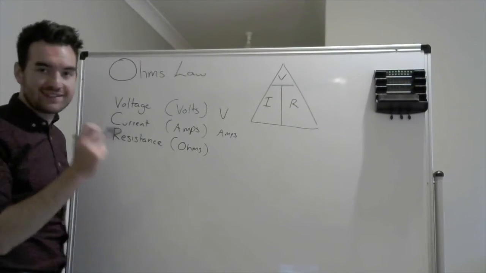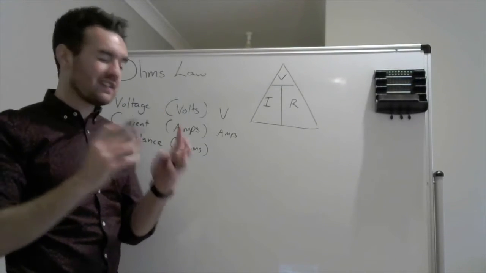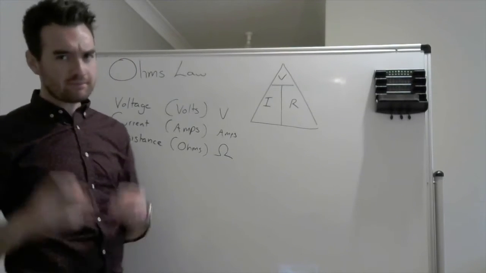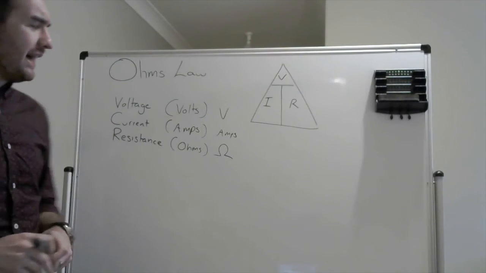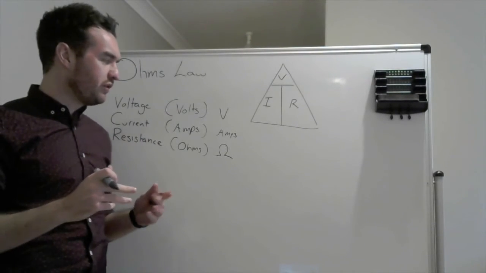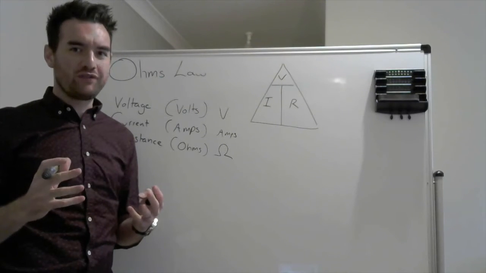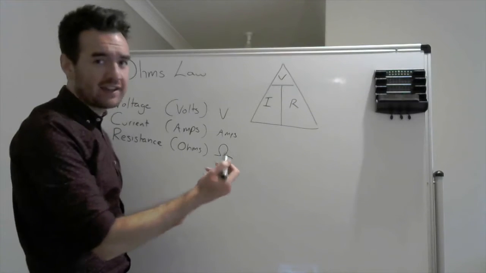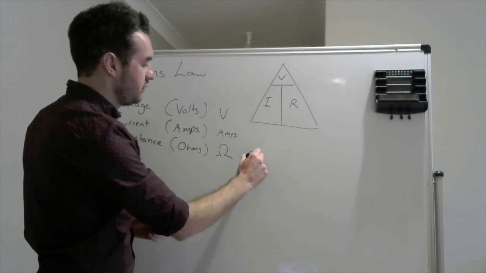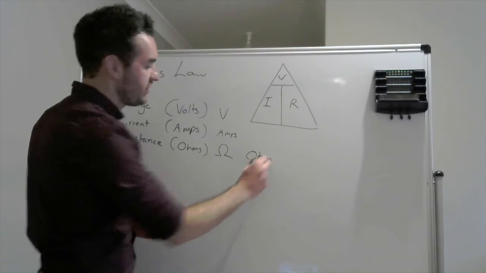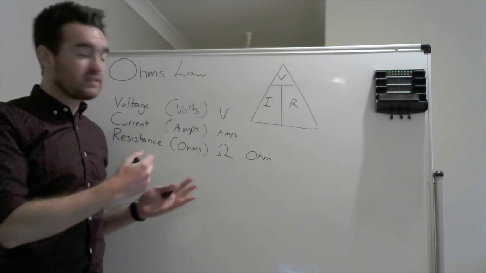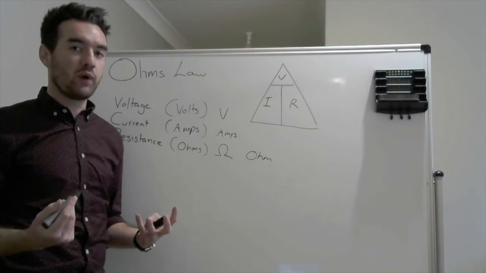But the symbol that we use after resistance is this symbol here. This is the omega, and it's a symbol that we use instead of using OH or M. Some people might ask, why don't you just use OH or OHM to talk about resistance? The reason we don't use that is we'd run into problems quite quickly.